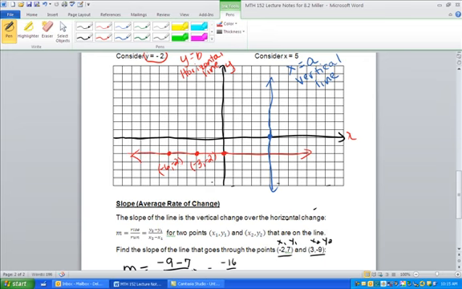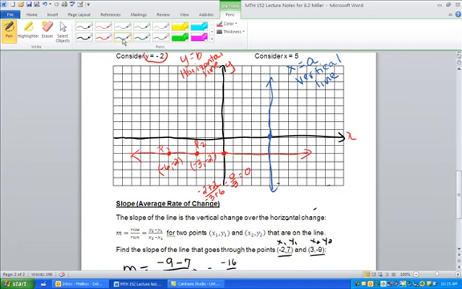Let's call this point 1 and point 2. If we take negative 2 minus a negative 2, that'll give us a plus, over negative 3 minus a negative 6, which gives us 0 over 3, which is 0. So the horizontal line has slope 0.